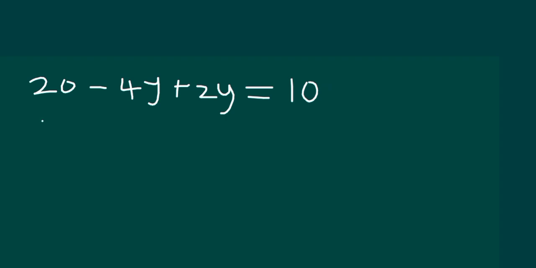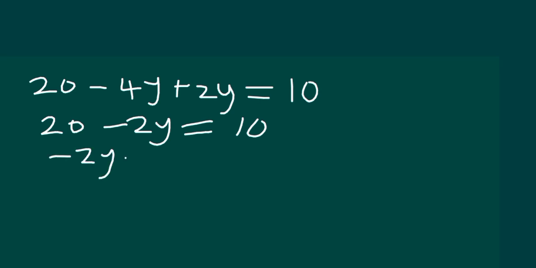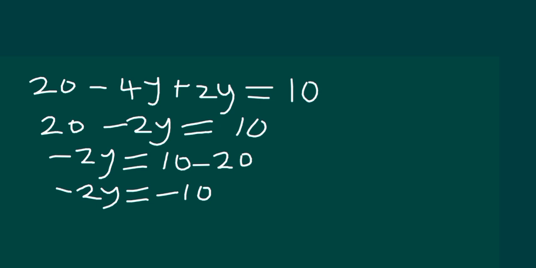So we have 20, negative 4y plus 2y is negative 2y, which is equal to 10. And then we collect like terms, and our negative 2y remains at the left hand side, and we cross over our 20 to the other side, which gives us 10 minus 20, and negative 2y is equal to negative 10.